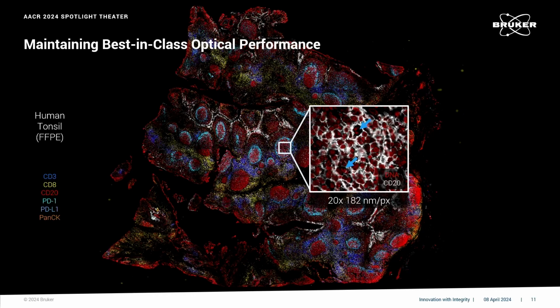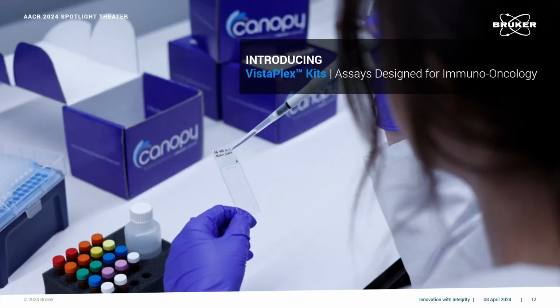And this type of morphological detail, together with really nice biomarker staining, allows you to not just ask new questions, but to validate your findings through a bunch of different proxies or parameters. So that's kind of what describes our optical imaging and what our system can do in terms of acquiring data. Moving over to assays, the other very important part about spatial biology.